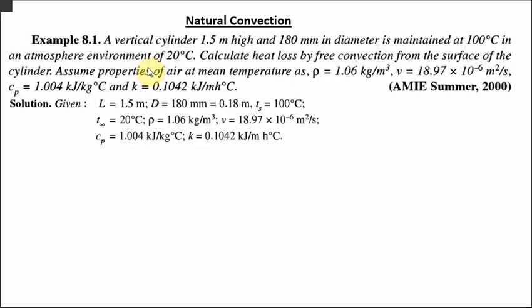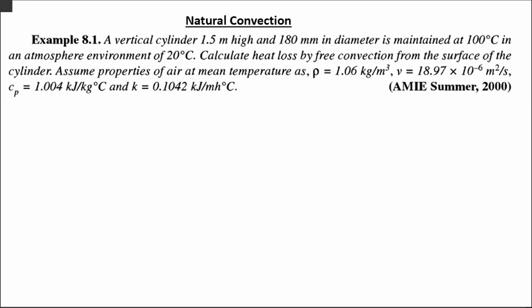In natural convection we have mainly four cases: horizontal plate, vertical plate, vertical cylinder, and horizontal cylinder. The vertical plate and vertical cylinder have the same equations for getting the h value, Nusselt number and so on.